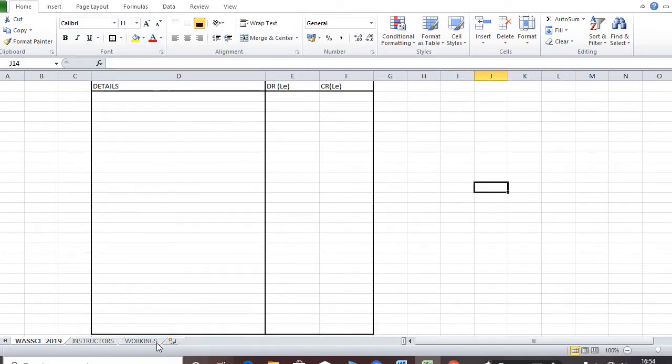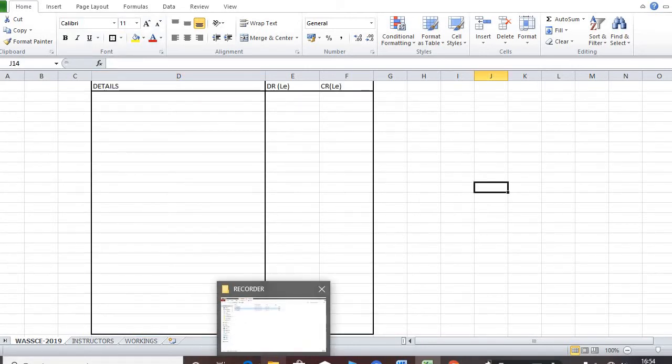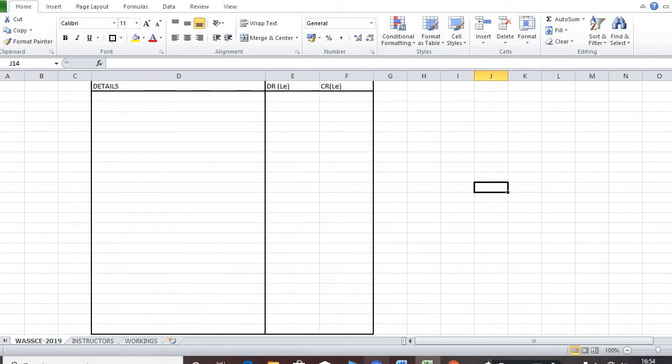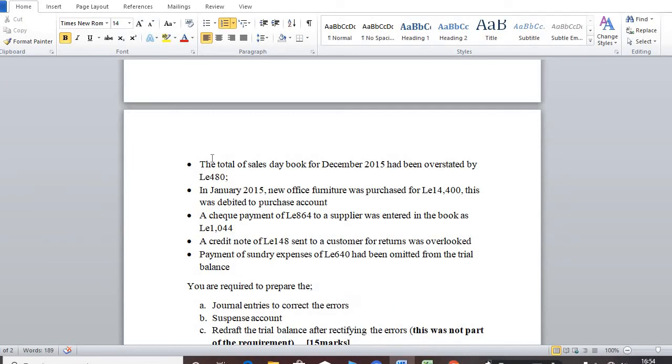Let's look at the first one. The total sales day book for December 2015 had been overcast by this. Now you know the sales day book is the book where goods sold on credit to customers are first recorded before they are posted to the individual accounts.